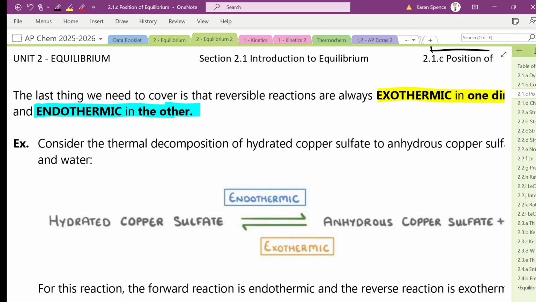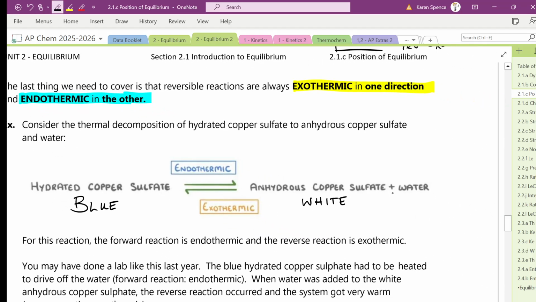Yes, it turns back. When you heat it, this one is blue. This one is white. And then if you add water back into the white stuff, it turns back to blue and it gets really hot.